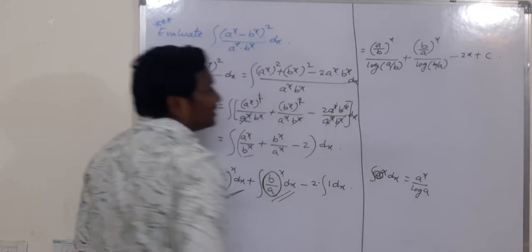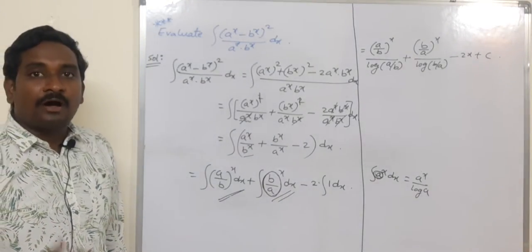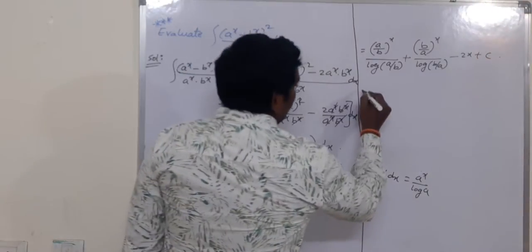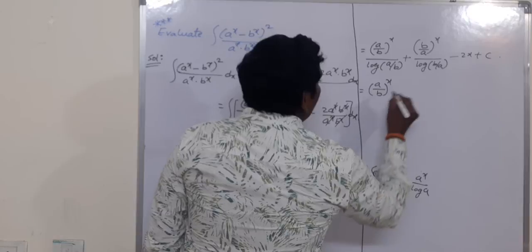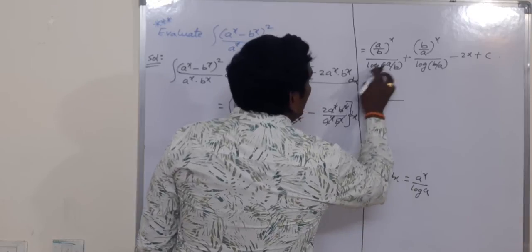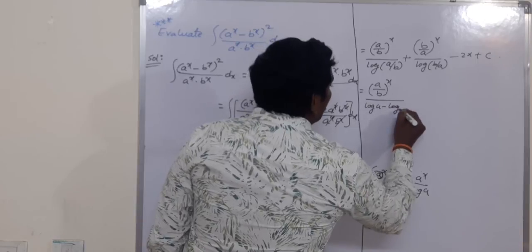Integration is completed. That's why we can add the constant c after completion of integration of all terms. And one more step here: (a by b) whole power x whole by log a by b can be written as log a minus log b.